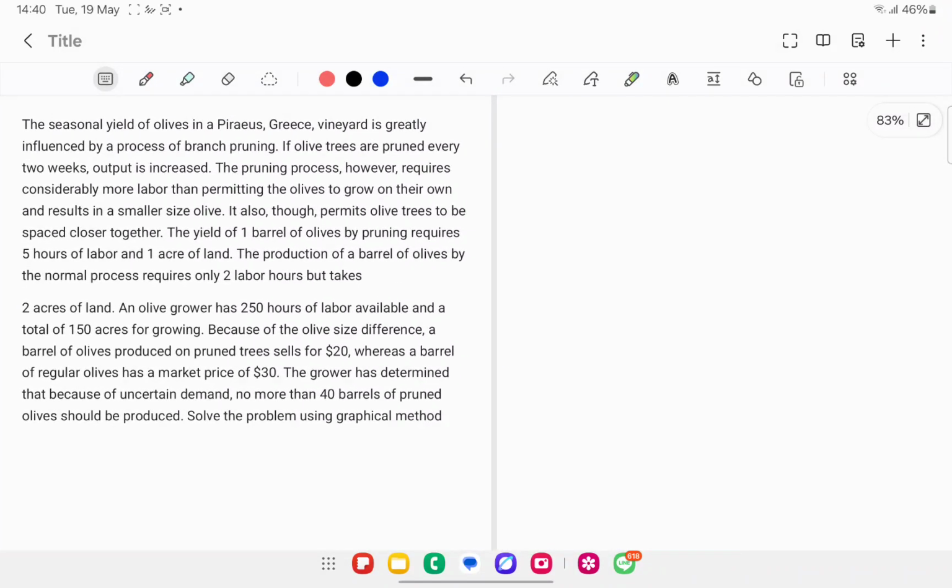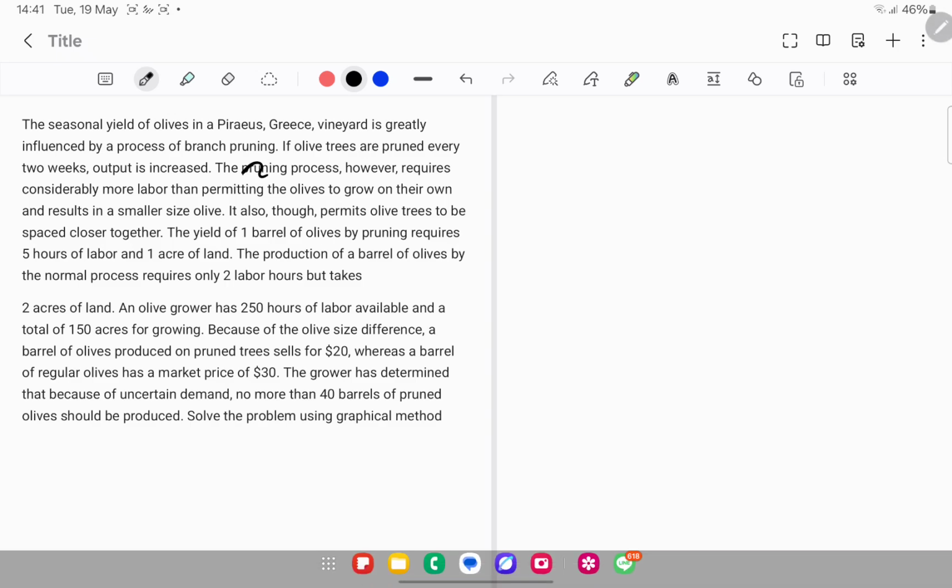Let's solve a linear programming problem. This is a maximization problem. This problem is about olive farming. There are two types of olive farmers grow in this problem. One is pruned olive.